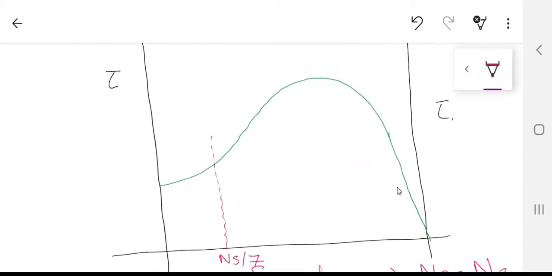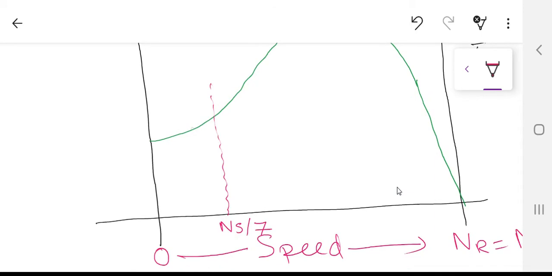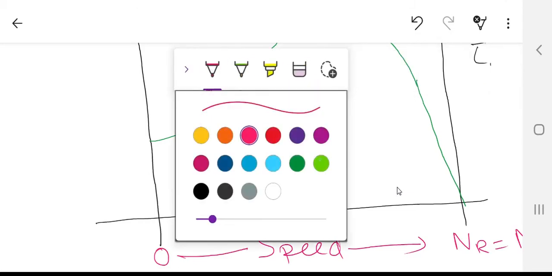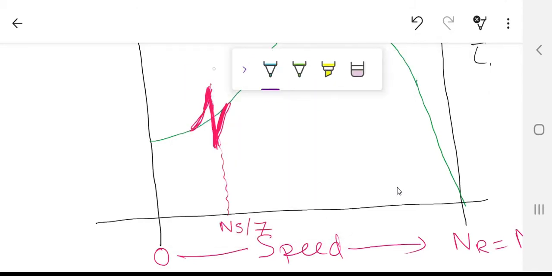At NS by 7, instead of this green waveform, there is going to be a straight vertical line, and on this line you have the load line.